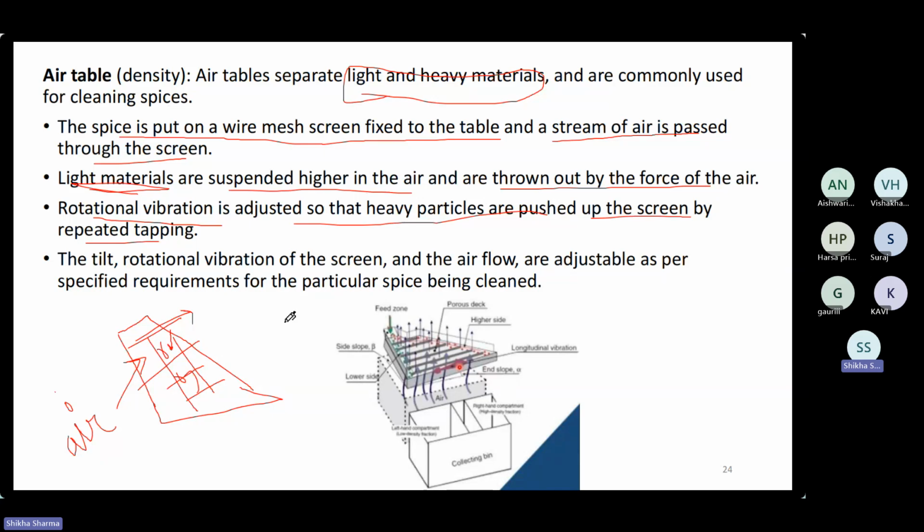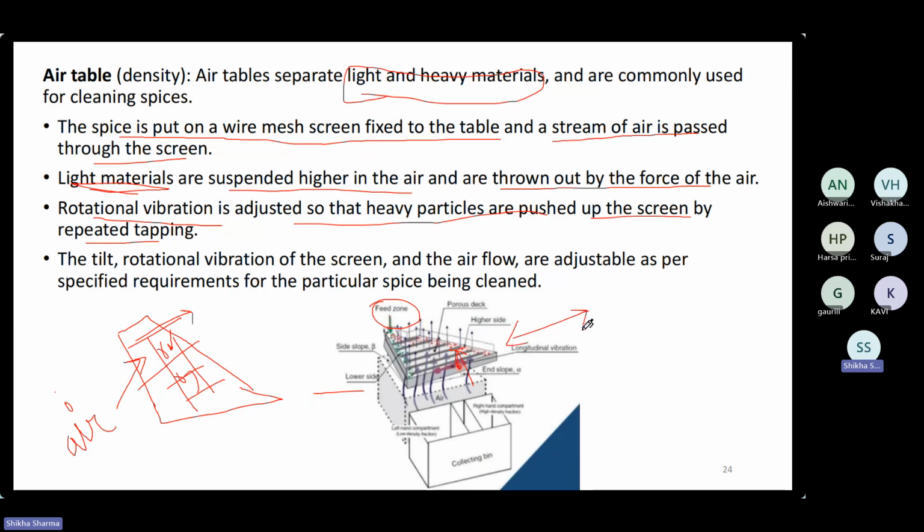So like this, this is the feed zone. From here we put the feed, and this mesh is a little bit tilted also. This is the higher side and this is the lower side. Based on this, and air will also be there, and it's vibrating also.